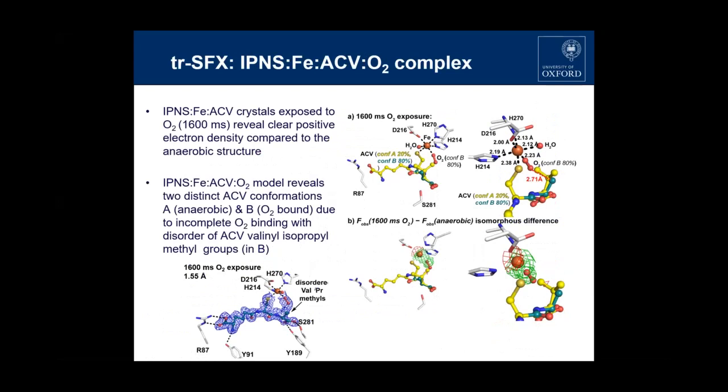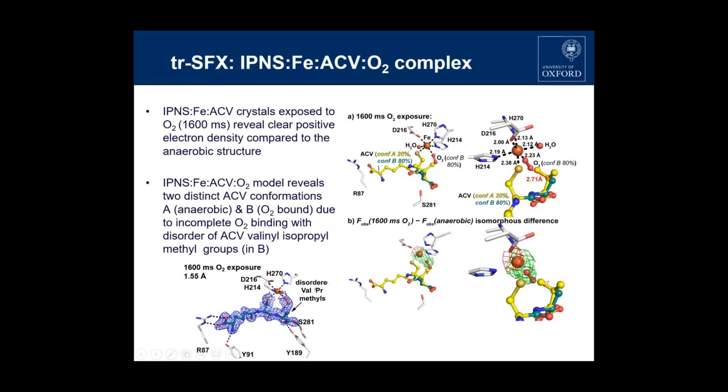After having a look at the 1.6 second data set, we saw the first real difference in electron density maps. I calculated some isomorphous difference maps, shown here. In the vacant iron site, you can clearly see some green density.